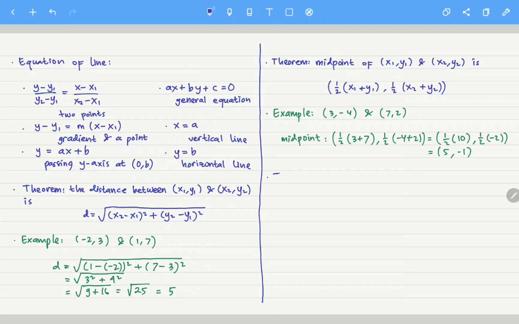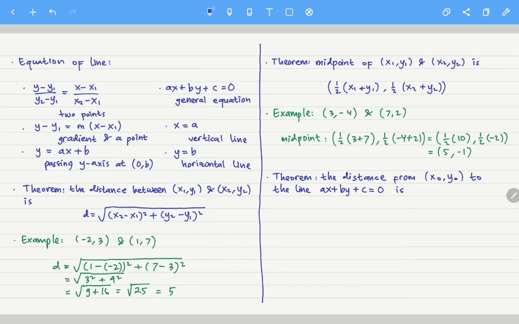Next, the last theorem in this section. The distance from a point, let's say the point is x0, y0, and then we want to calculate the distance to the following line, ax plus by plus c equals 0.